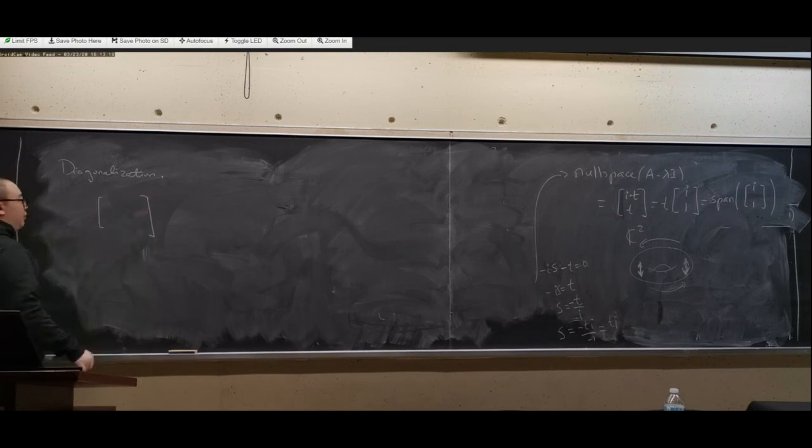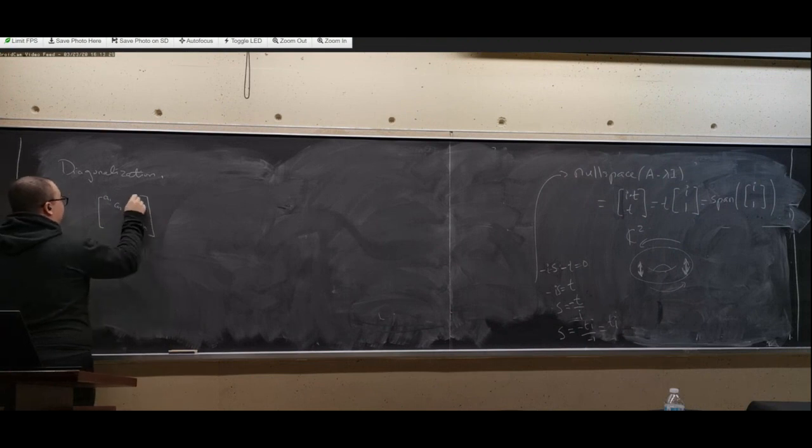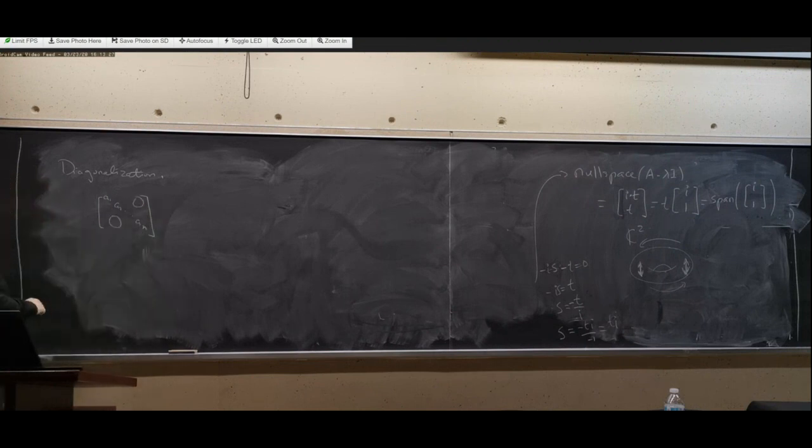Diagonal matrices are in the form of something like a1, a2, up to an, and then it's 0 everywhere else, right? So you only have numbers on the principal diagonal. That's what a diagonal matrix is, and it is very, very easy to work with.